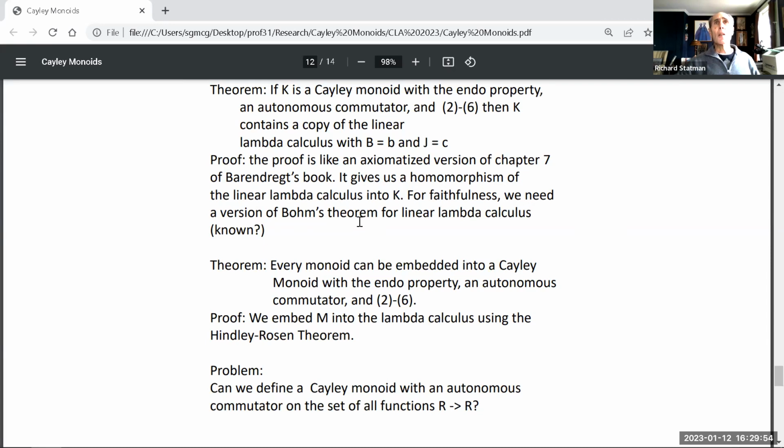Now, there's an awful lot known, especially in Paris, about Bohm's theorem. But I couldn't find a version of Bohm's theorem for the linear case. This is very, very strict. It's linear and it's lambda I calculus. Every variable occurs exactly once.